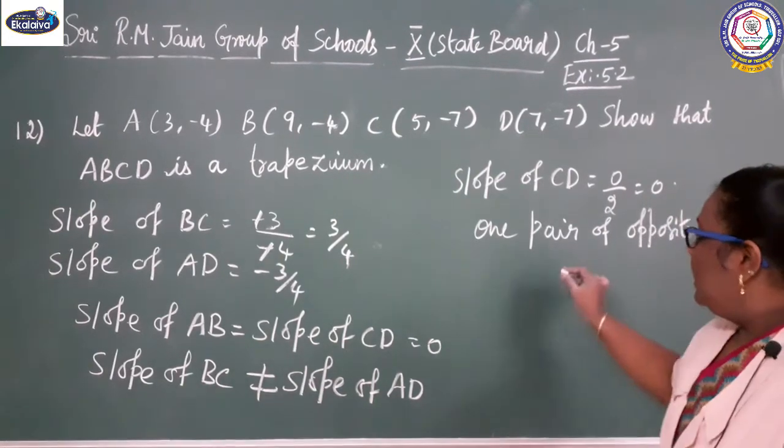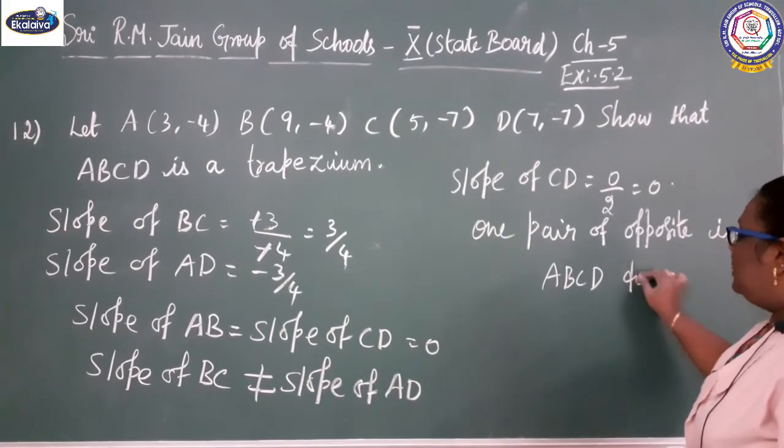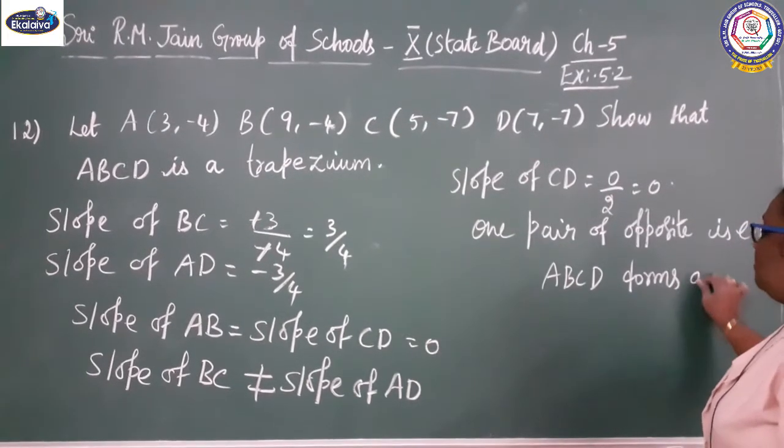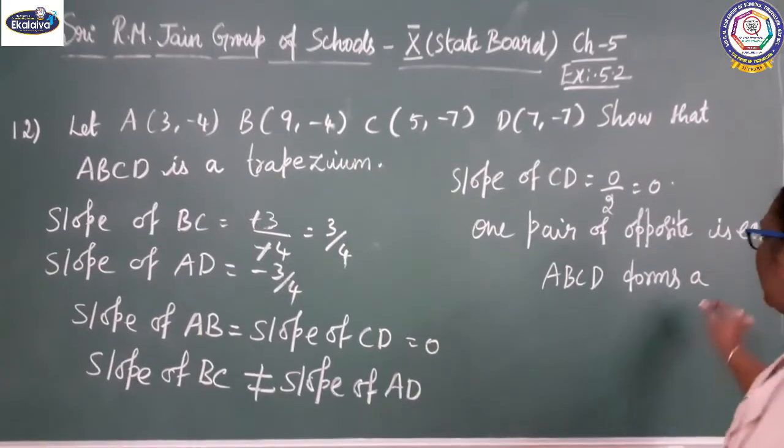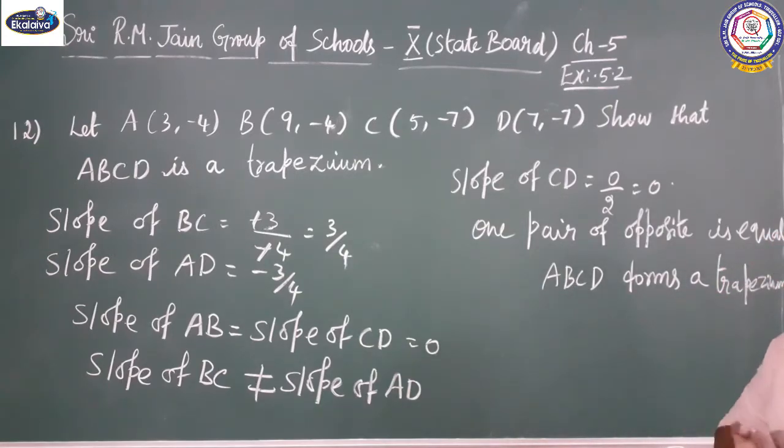So ABCD forms a trapezium because any one of the sides is parallel, another side is non-parallel. In trapezium, only one of the sides is parallel. The next side is a non-parallel side. So ABCD forms a trapezium.